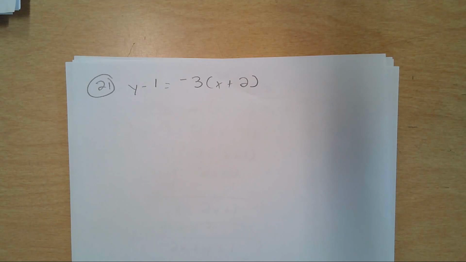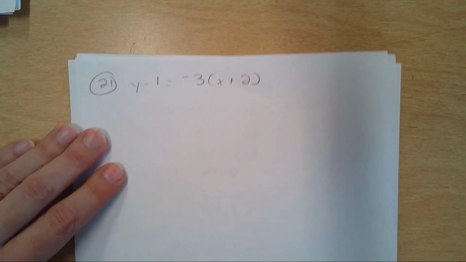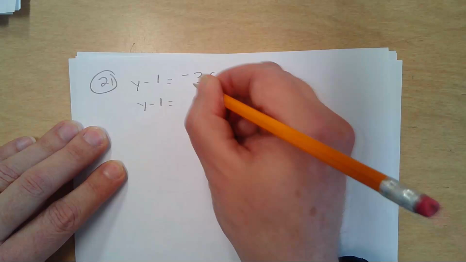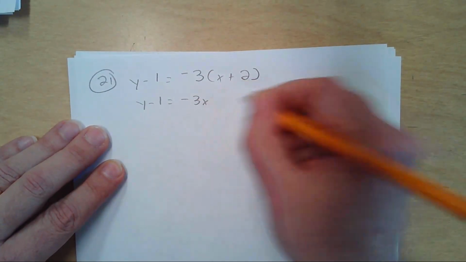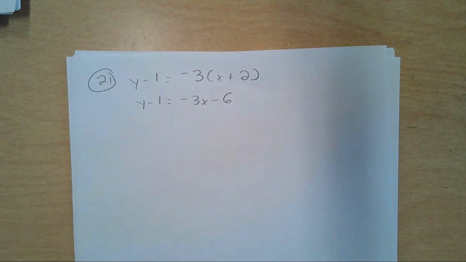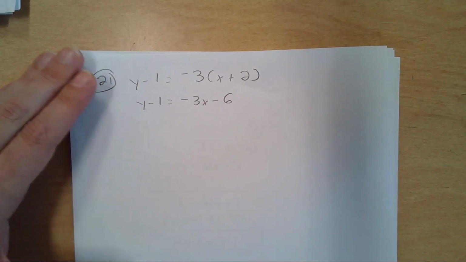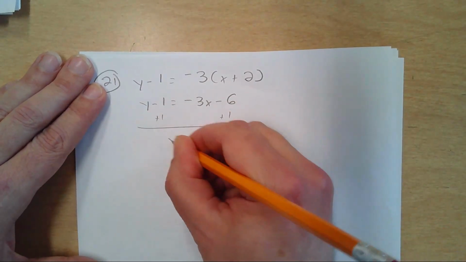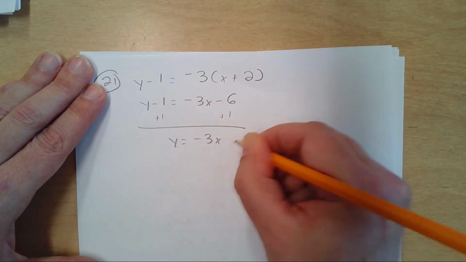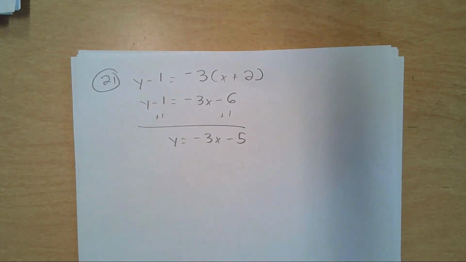So I just want to clean this up a little bit here. I'd probably want to clear the brackets out first. So negative 3x minus 6. And then I'd want to add 1 to both sides. So y equals negative 3x minus 5.